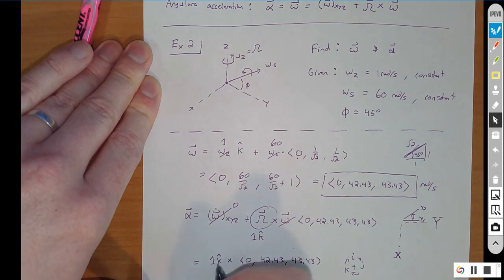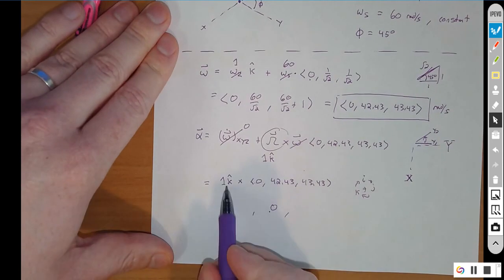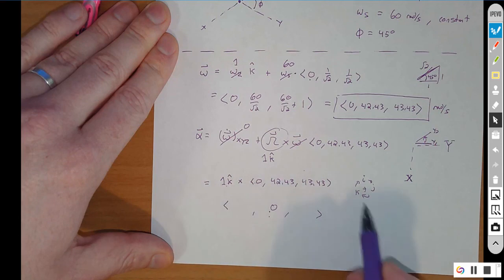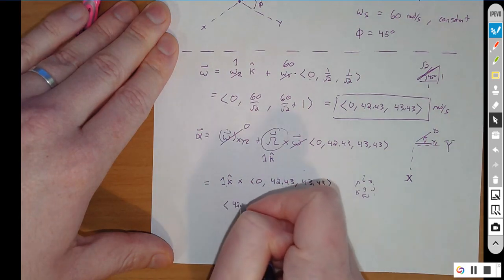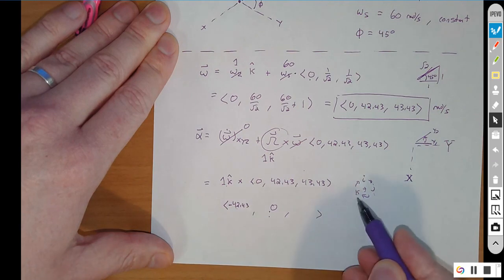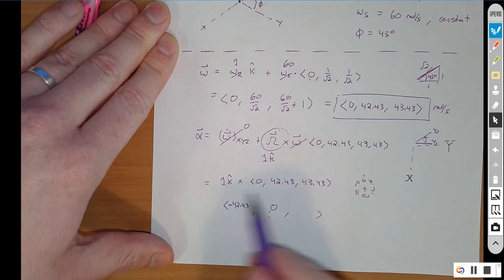A k into an i is going to be our j hat, so we get a 0 there. K into j makes an i, so it's going to be here. So we're going to get a 42.43. That's just 1 times that. But we went k into j, so it's actually negative. It's a negative i hat, because I went from k crossed into j, and I got my i. And then k crossed with k is 0.